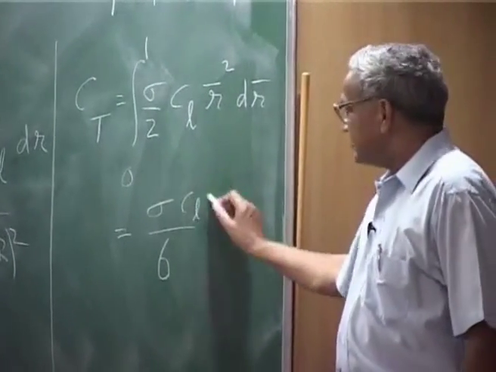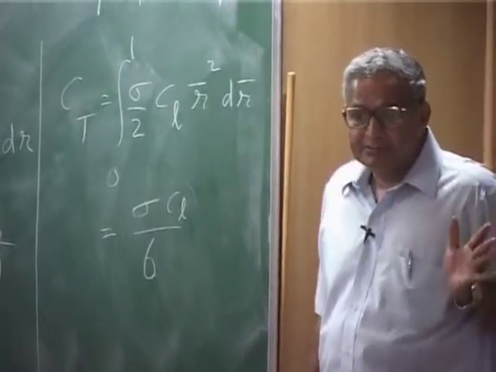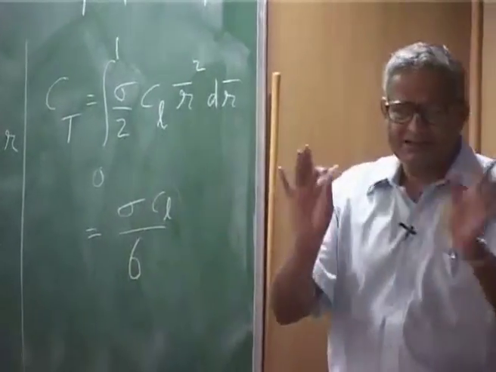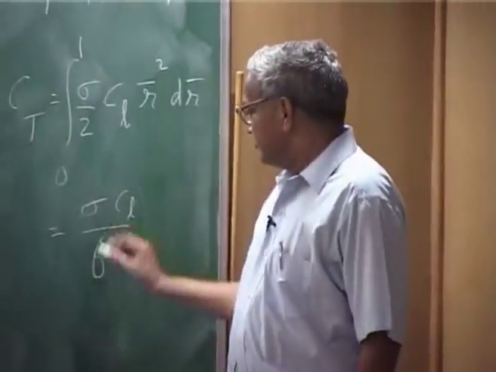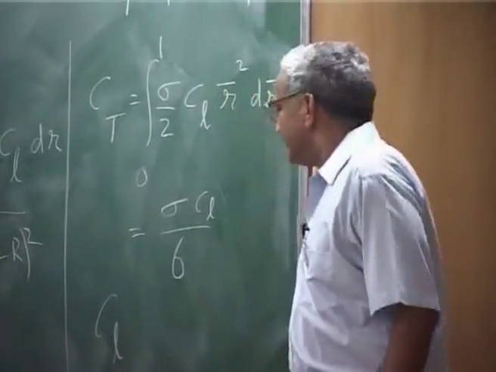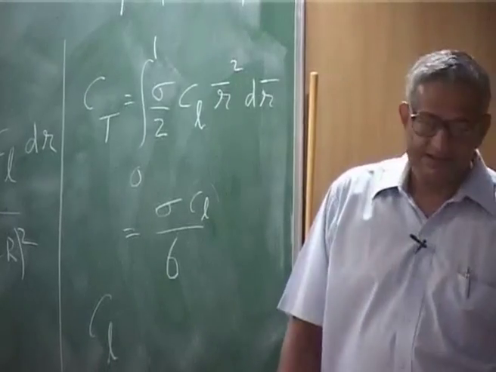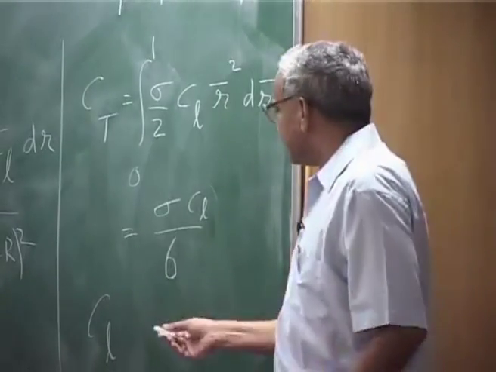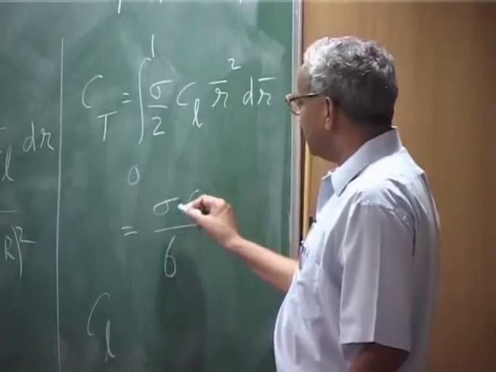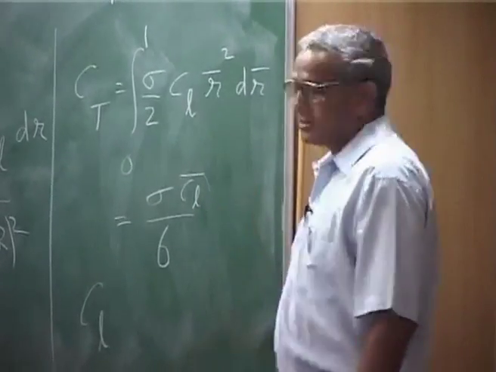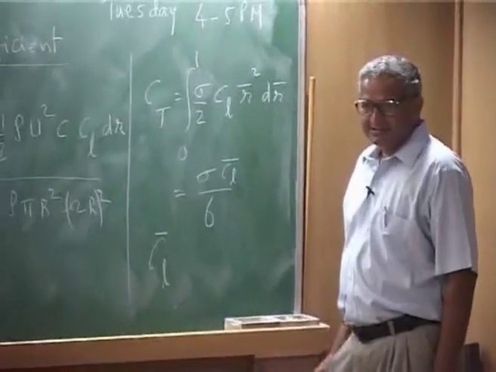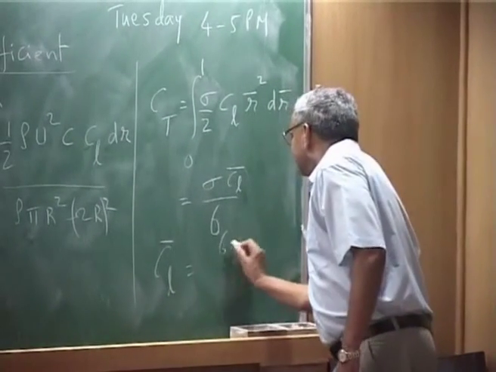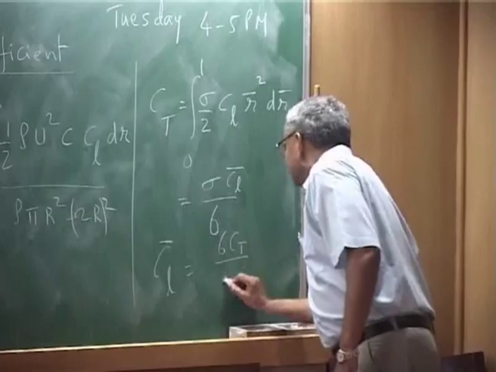This is some kind of a mean value, because I am taking it as though it is a constant value. This will give me CL, you may write it as mean lift coefficient, or if you want to put a bar, you can put a bar. So, that CL bar is 6 Ct over sigma.